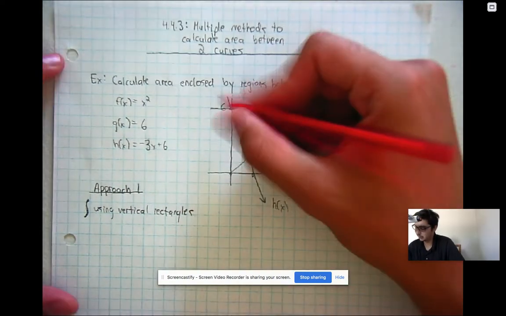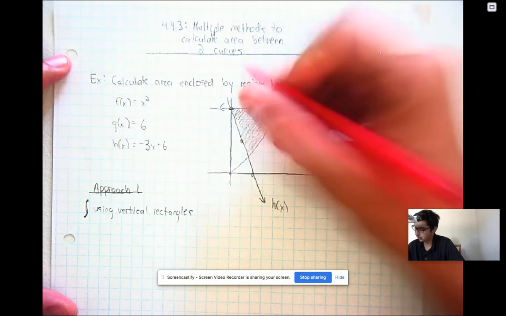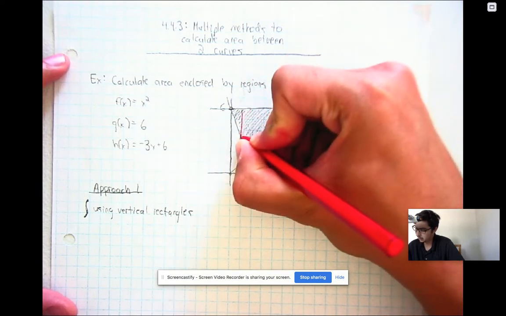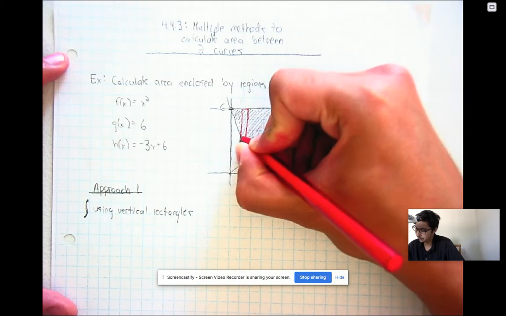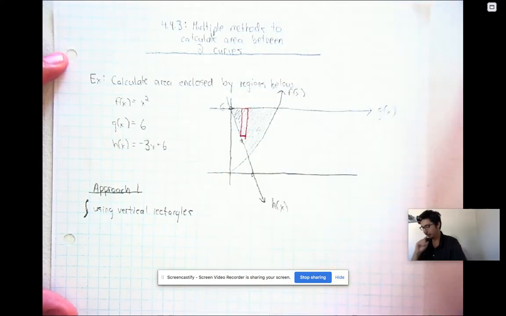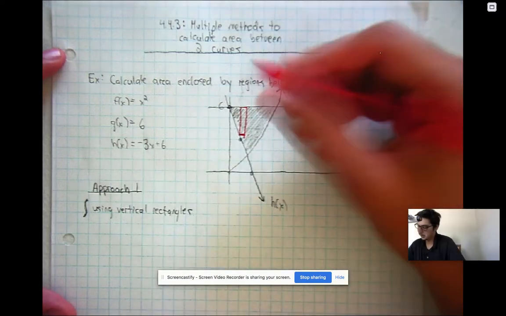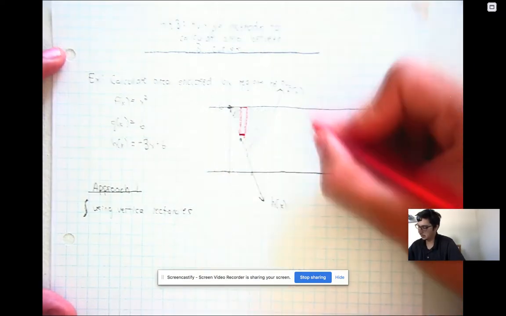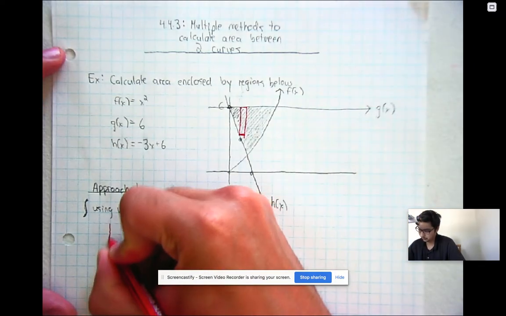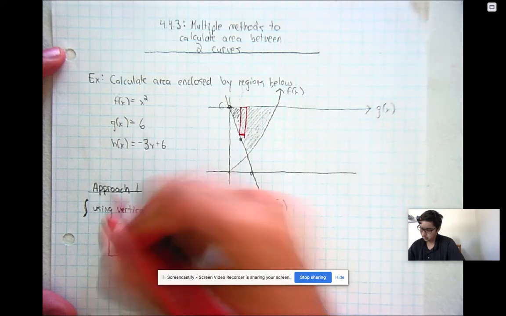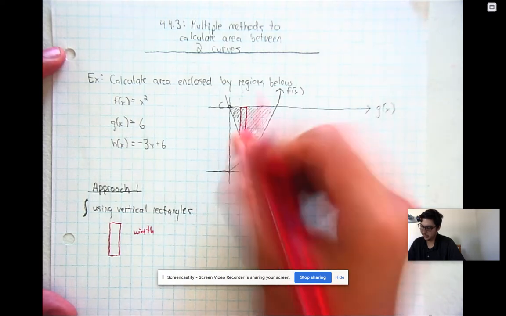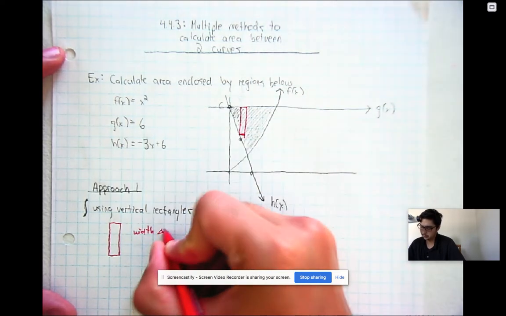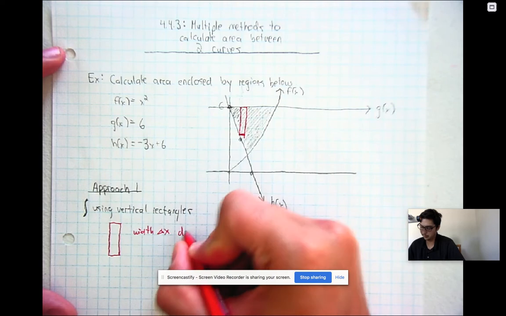If we were to calculate the area using vertical rectangles, an example of one being here, one rectangle, the width of that rectangle is going to be changing with respect to x, so a change of x, or what we'll refer to as dx.